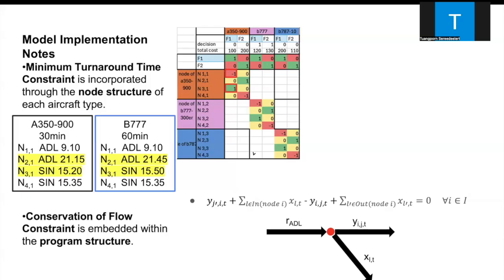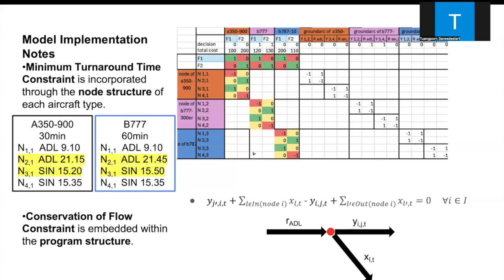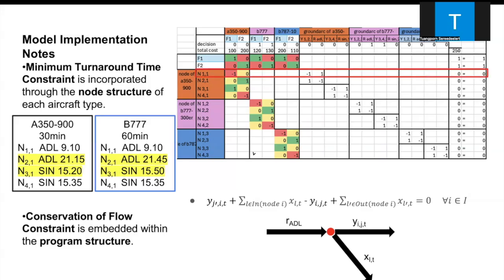Then we can look at the relationship of the ground arc and overnight arc. It's actually the same. -1 means depart, +1 means arrive. Look at this line. It is actually the node Adelaide 9:10, and you can see the direction of the arrow related to the +1 and -1. The decision variable will show you how many planes are on each arrow.